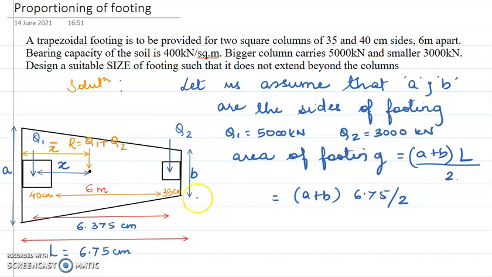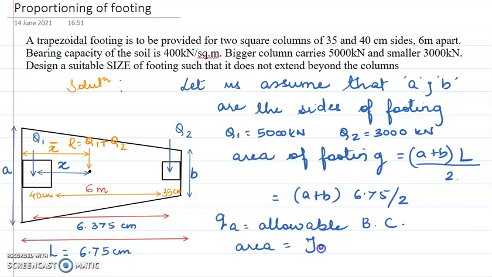That's the area. Let's say QA is the allowable bearing capacity. So QA allowable, what is the formula for QA allowable? It is the total load upon area. Now how I am writing it is as area is equal to total load upon QA.